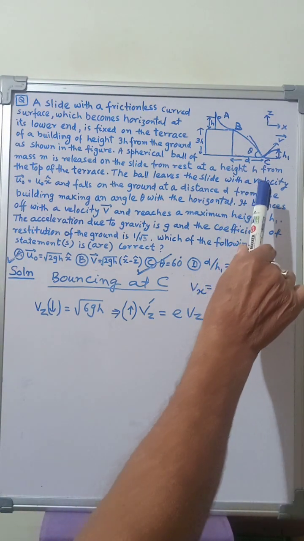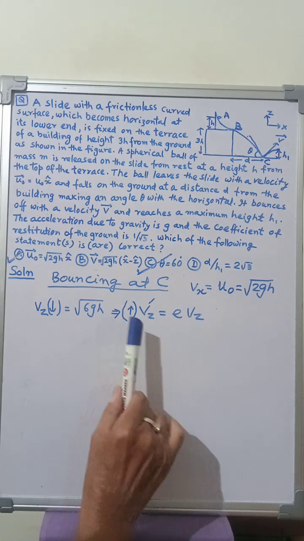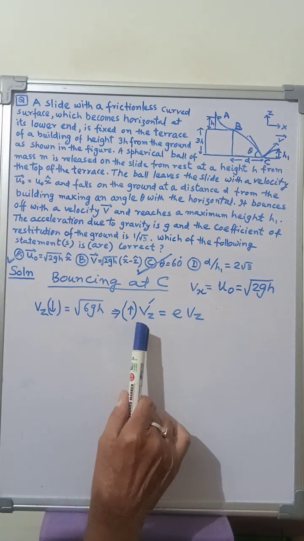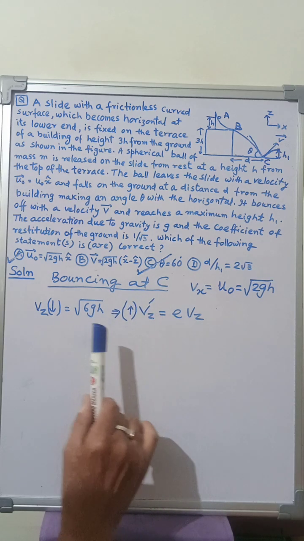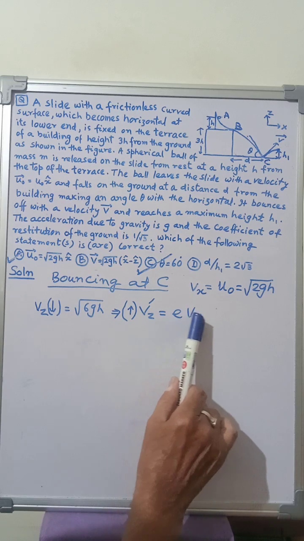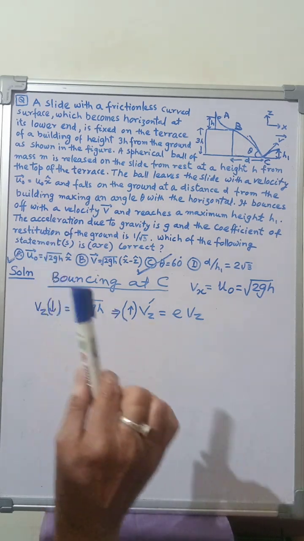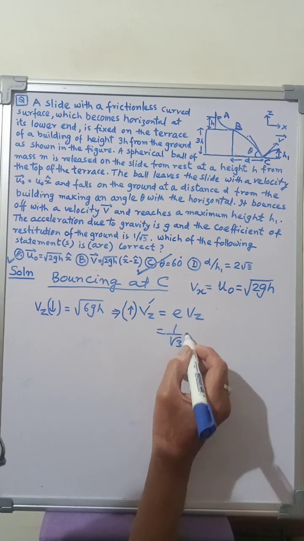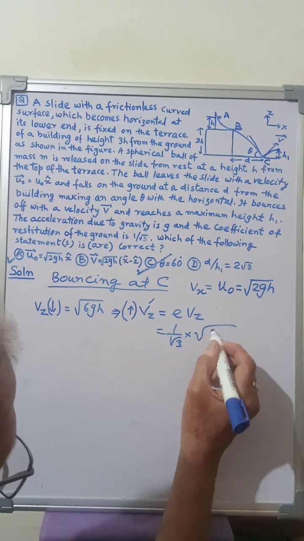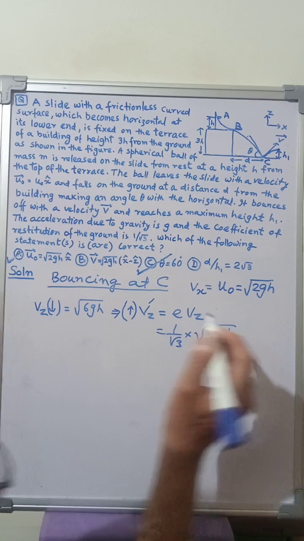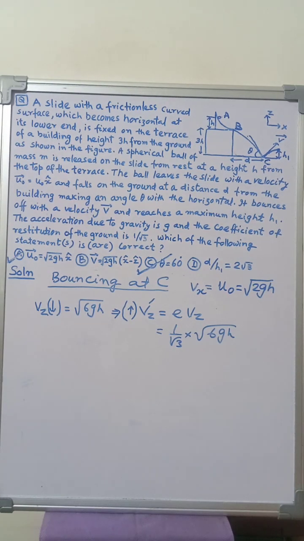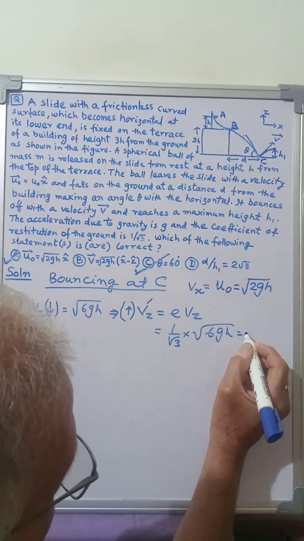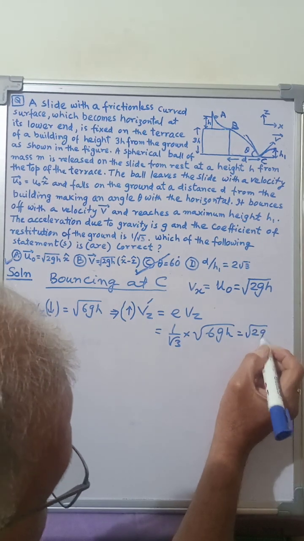After the rebound at C, we get the upward velocity, let us denote it as vz dash, which is equal to e vz, where e is the coefficient of restitution, given as 1 by root 3, into root over 6gh, which is equal to root over 2gh.